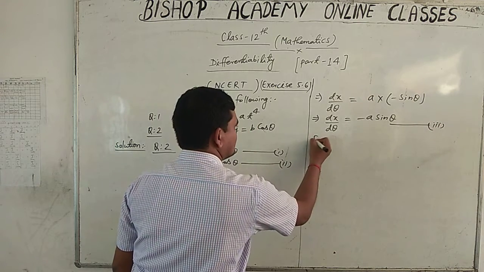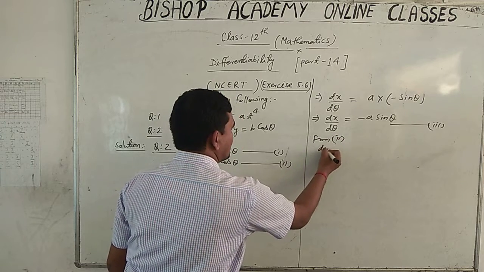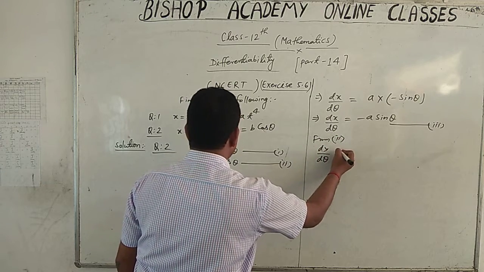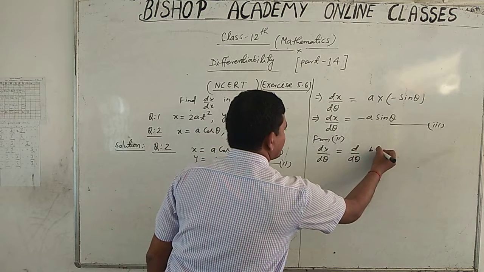Now from second we find dy by d theta, this is equal to d by d theta of b cos theta. Here b is constant, then we write b d by d theta of cos theta.